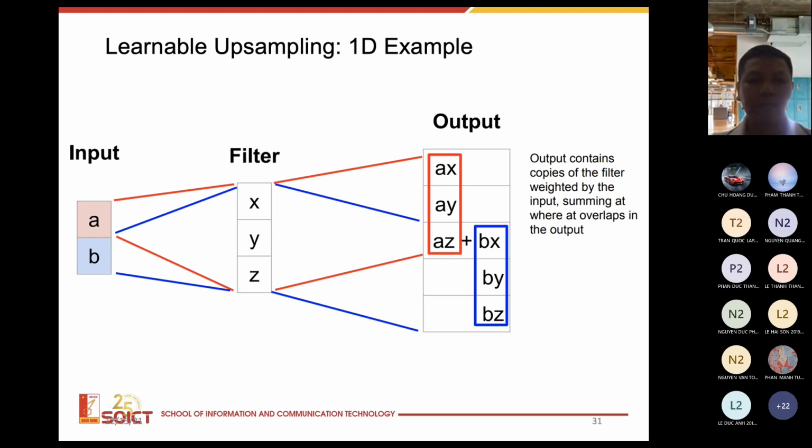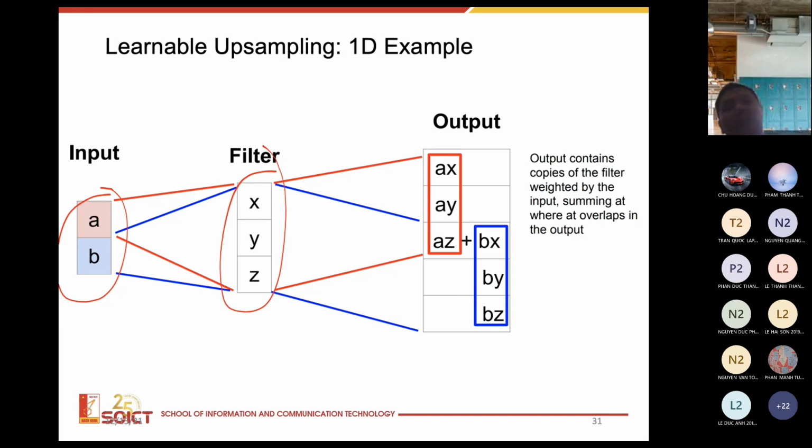Here is the transpose convolution for one-dimensional input. For example, we have the input 1, 2, and we have the filter 1, 3. Then we multiply the input value a with every element in the filter: ax, ay, az.